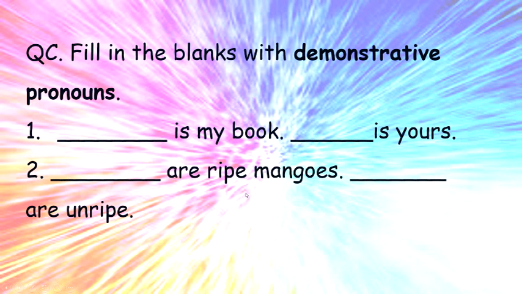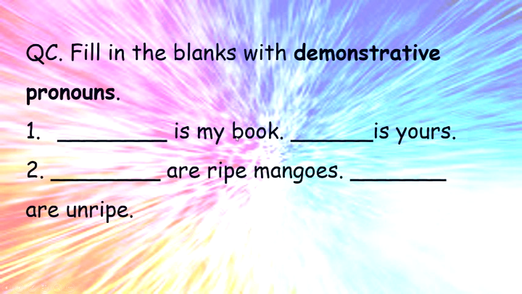Dash are ripe mangoes. Dash are unripe. Students, you must remember that for nearby objects we use this in singular way, that for far off object which is singular in number. Similarly, these for nearby objects plural in number, those for far away objects plural in number.